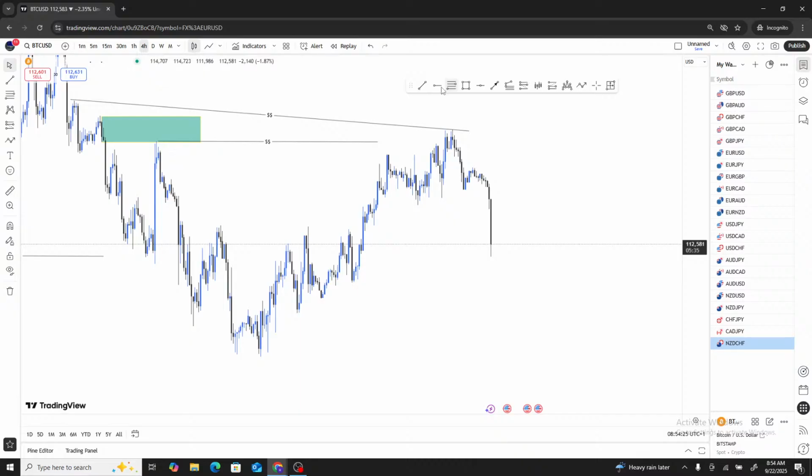The market has changed character. Now we look for other blocks. The market has changed direction. It broke structure. Okay.